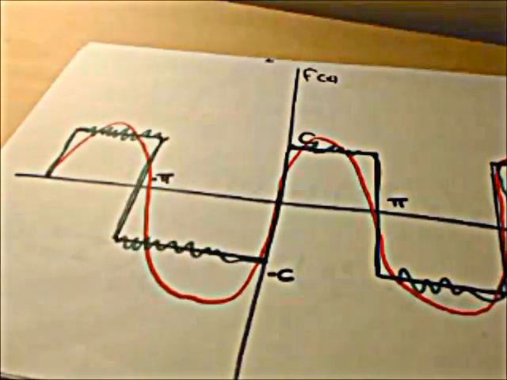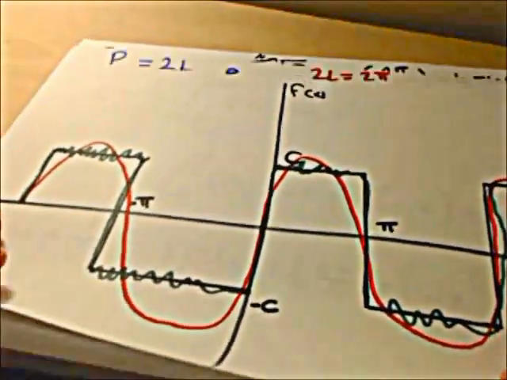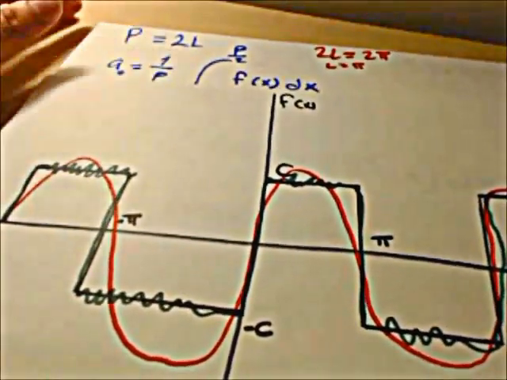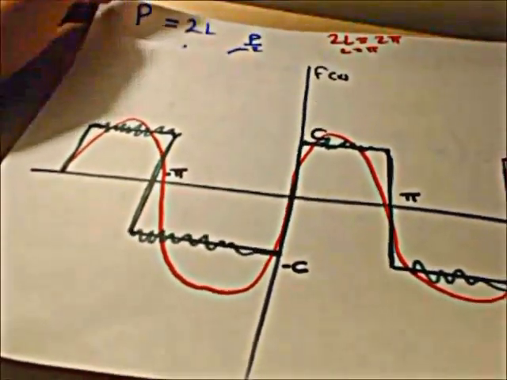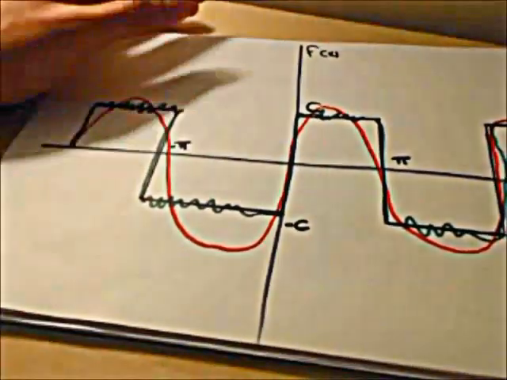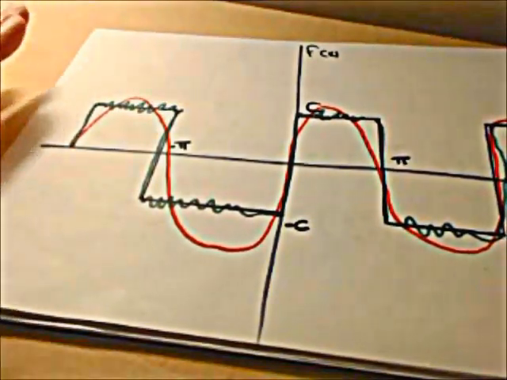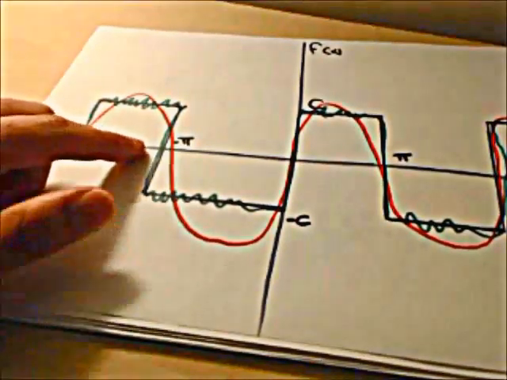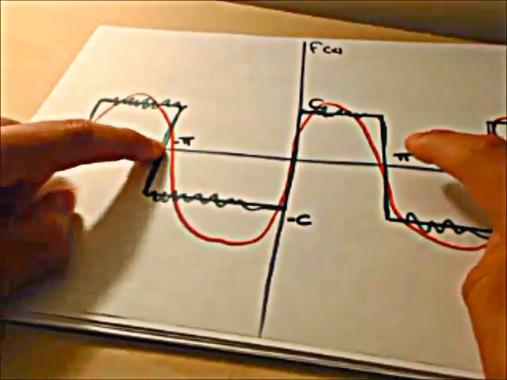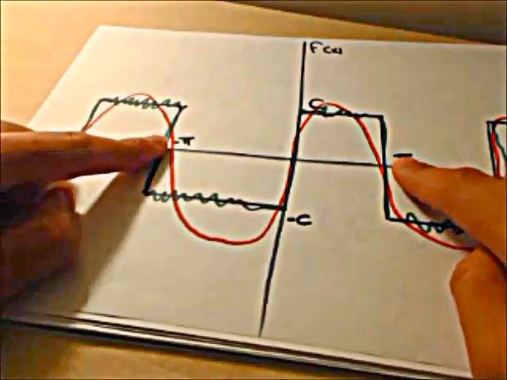Okay, now I'm going to do the first one, which is to find a0 for this periodic function. But before that, let's determine the period. As you can see, the period in this case is from minus pi to pi, right?